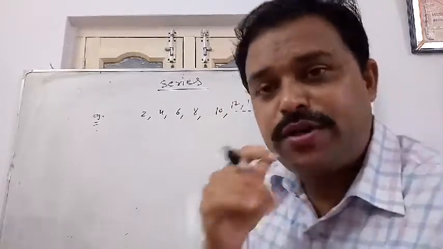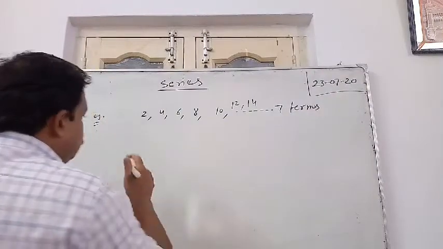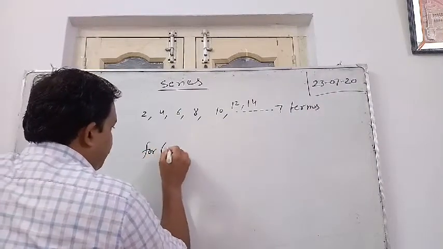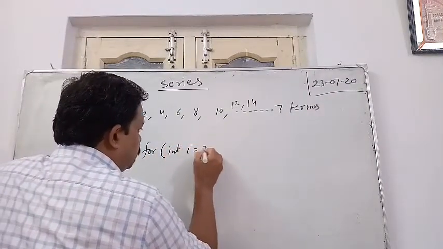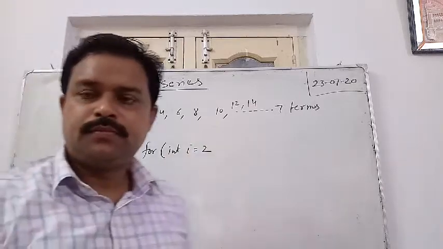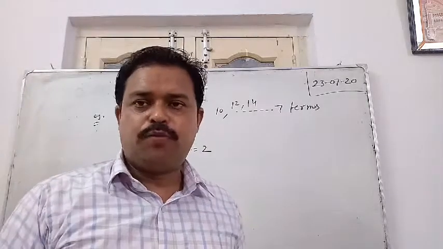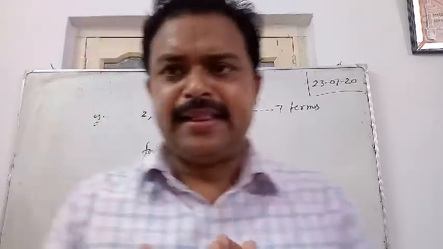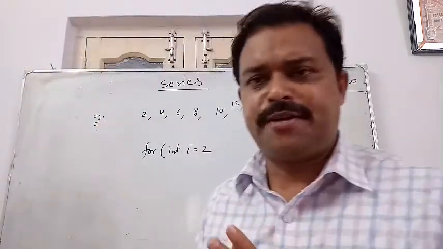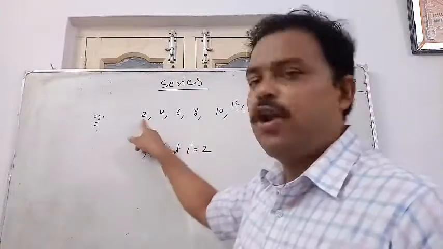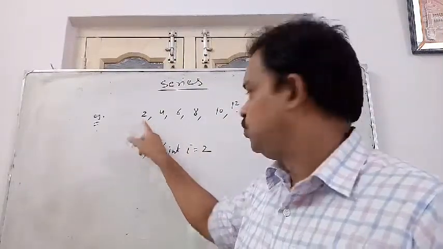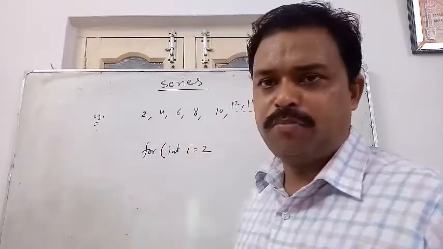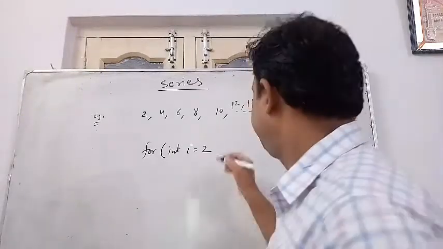Generally the mistake students make is: for int i = 2, they start the loop from 2, and they give the reason, sir, I started the value of i at 2 because the first value of the series is 2, so I started my loop from 2. Okay, no problem.